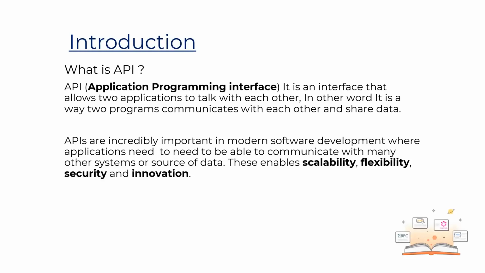What does this do? It enables the application to scale, right? It brings about scalability, flexibility, security, and it also helps with innovation. So API does quite a lot in modern day software development while developing products.